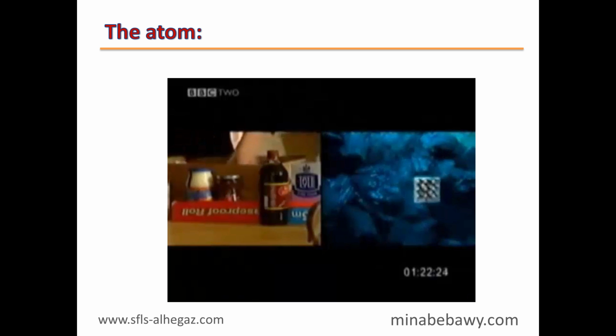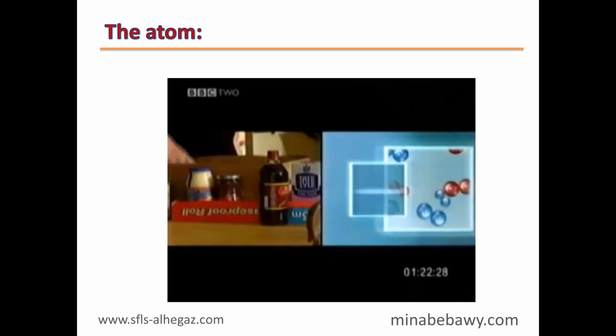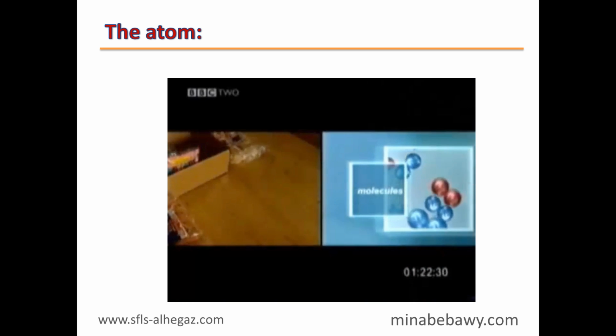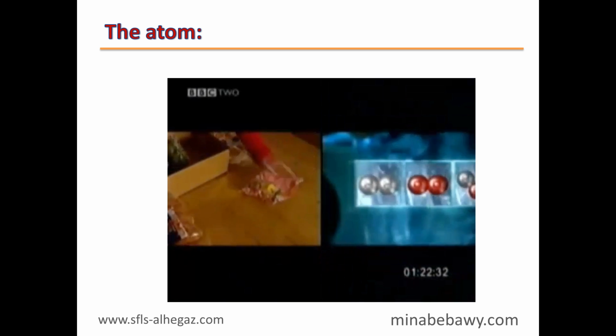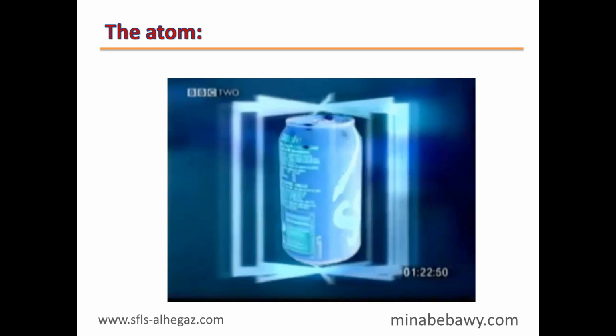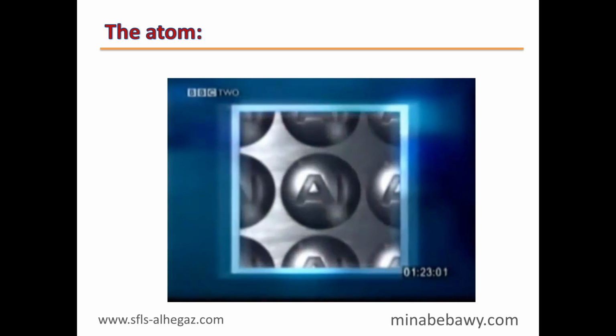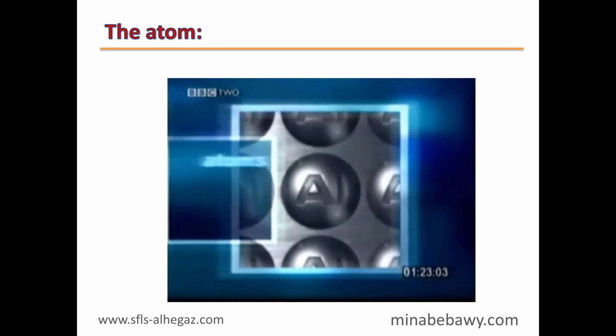Atom. As you can see, everything around us is formed of molecules, as we saw from our previous lesson. For example, this can consist of aluminum molecules, which are formed from aluminum atoms.